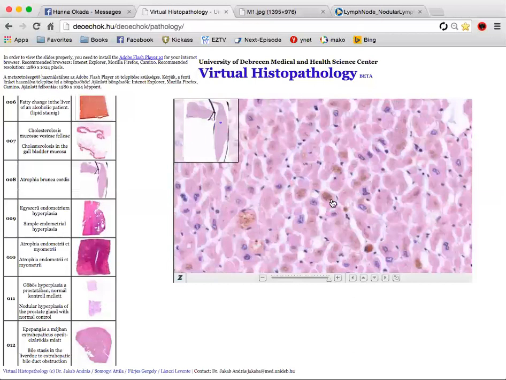Lipofuscin is a pigment, like the aging pigment. It shows cellular suffering. It is the end product when these cells are oxidizing unsaturated fatty acids.